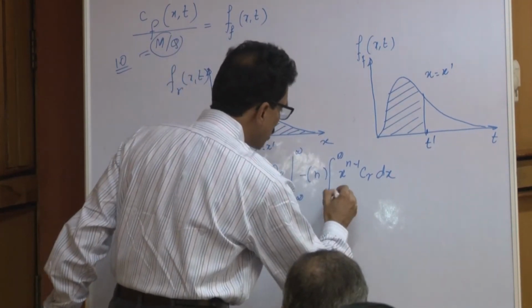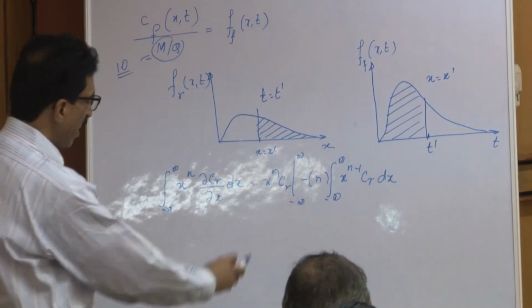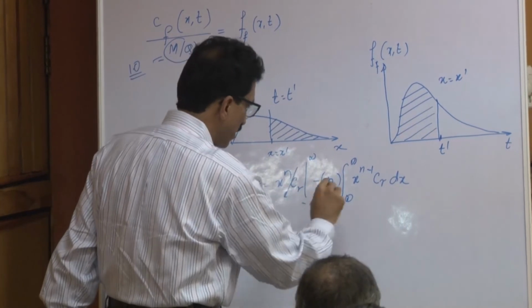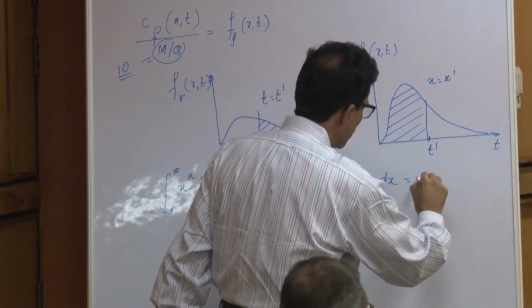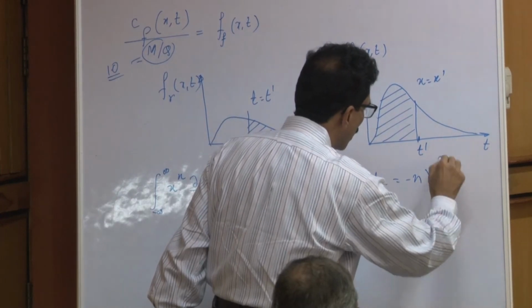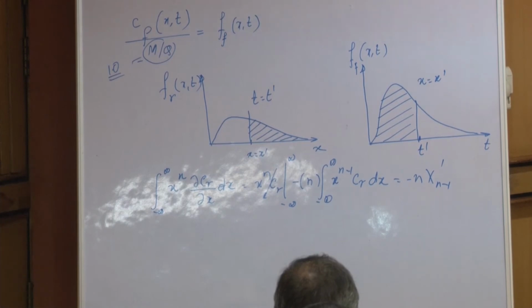This is supposed to be minus infinity to plus infinity. That's integration by parts. At minus and plus infinity, c sub r is going to 0, so this term will drop out. And this will become, by definition, x n minus 1 hat, because it's a one order lower moment.